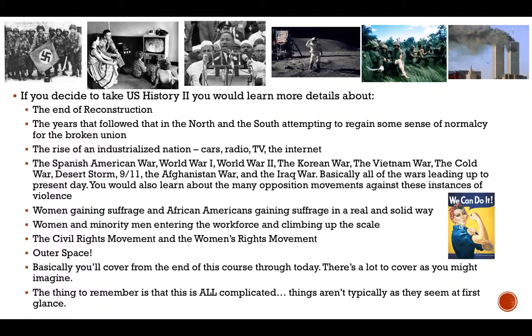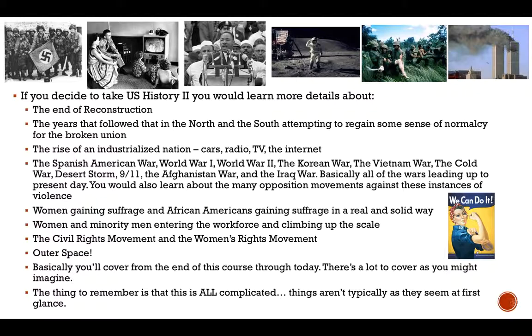So you would start with the end of Reconstruction, which we just landed on, and then you would move into the years following that in the North and South as they were attempting to regain a sense of normalcy and trying to really heal the wounds of the nation, but not paying attention to many of the citizens in the process. And you also talk about the rise of an industrial nation.